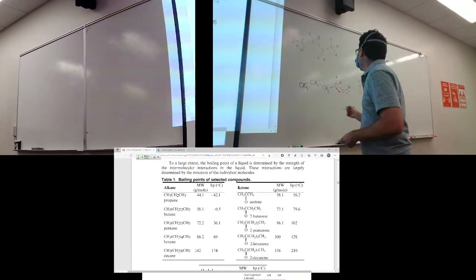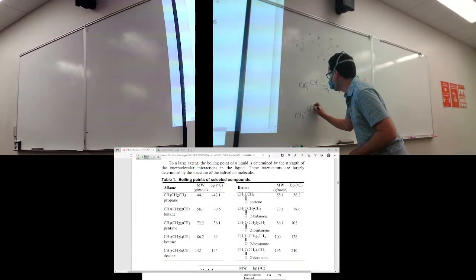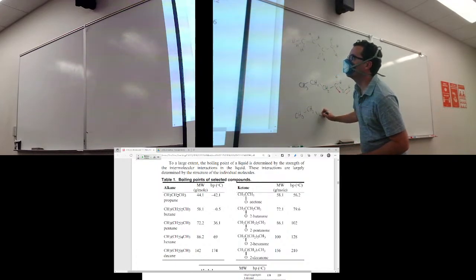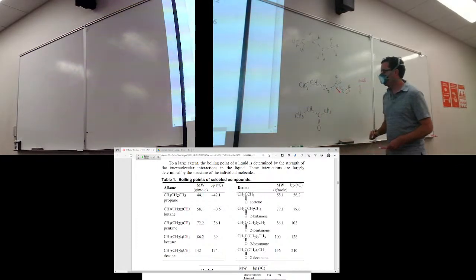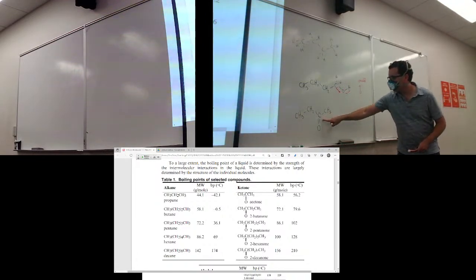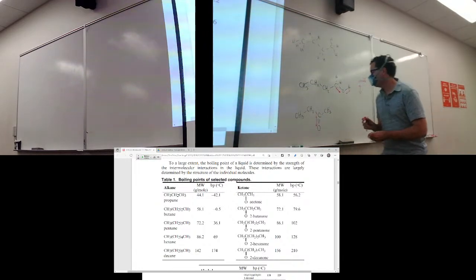2-butanone, why not? All right, 2-butanone. So CH3, CH2. So this one has fewer dipole moments. There is a dipole moment here, but that's it.